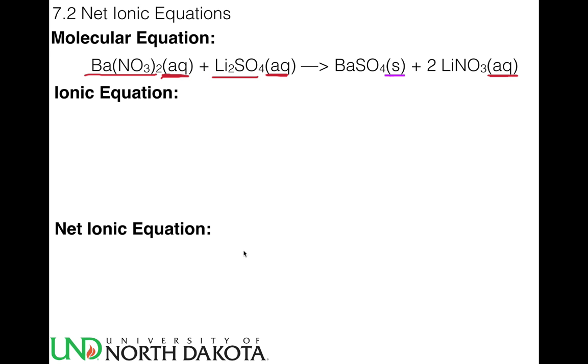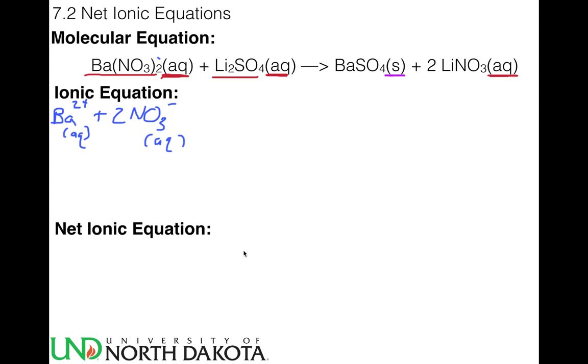We have barium nitrate. Barium nitrate will dissociate into the aqueous barium 2+ ion. I'm going to write my aqueous designations underneath my ions because it will take a lot of room if I write next to them. And then barium nitrate will also split into two nitrate ions, NO3 with a -1 charge with that aqueous designation.